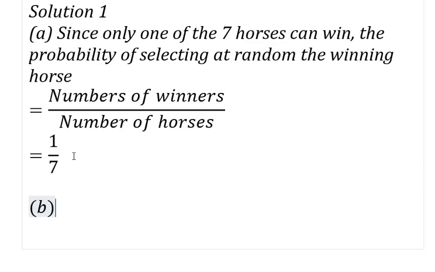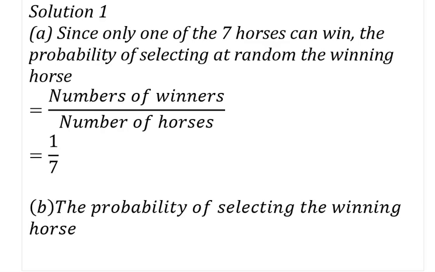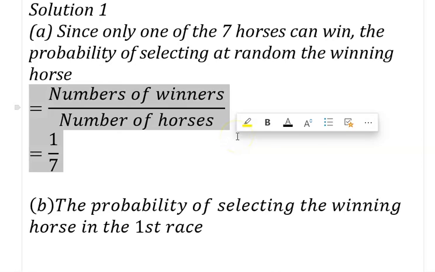So the probability of selecting the winning horse in the first race, now it means since we are going to have just one winner, and we know that the total number of horses that are running is 8, let's use this template that we have here.